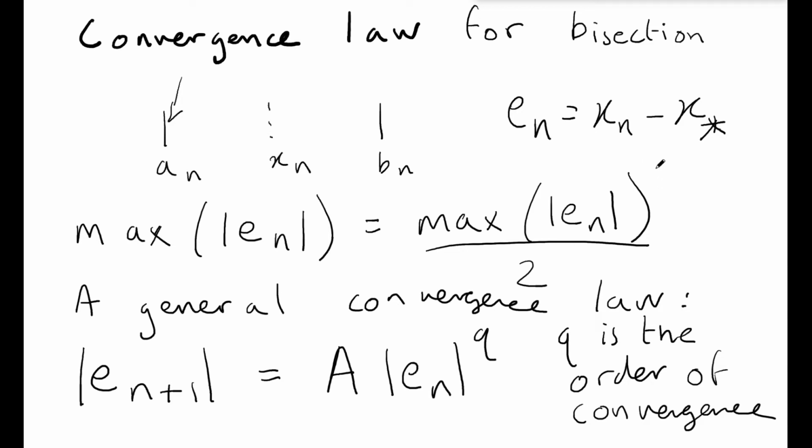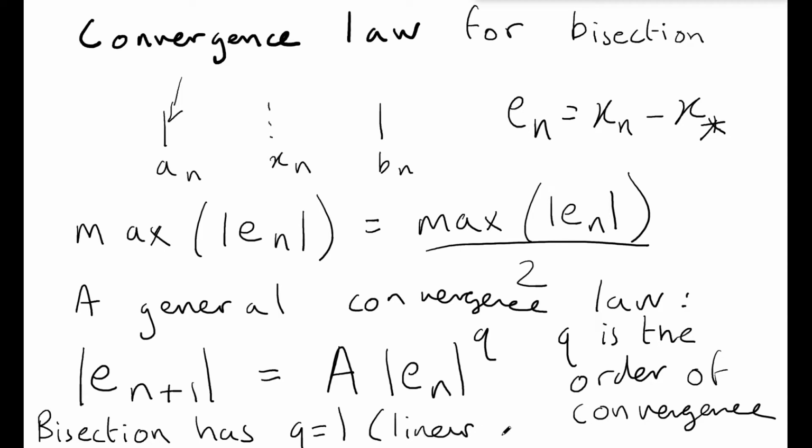In fact, this is a correspondence. Bisection has q equals 1. It's linear convergence.